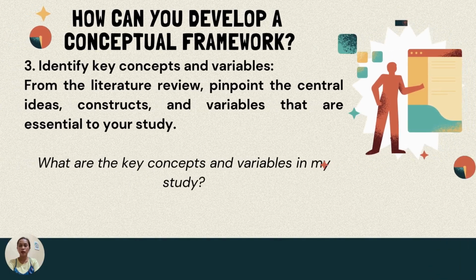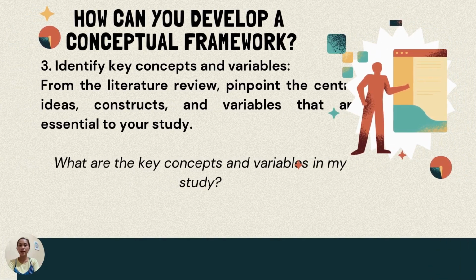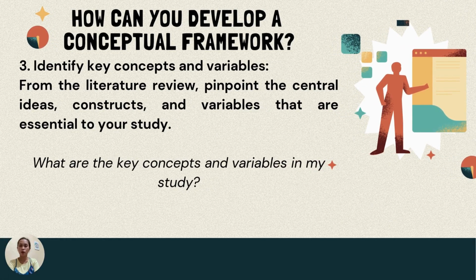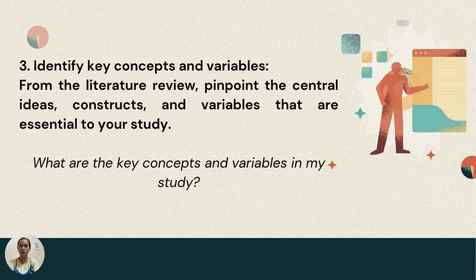Okay, now for step 3, identify key concepts and variables. So, from the literature review, pinpoint the central ideas, constructs, and variables that are essential to your study. So, what are the key concepts and variables in my study? You need to pick out the main ideas that are going to be helpful to explain what is going on in your study. You need to take a look at the literature and identify the key concepts.